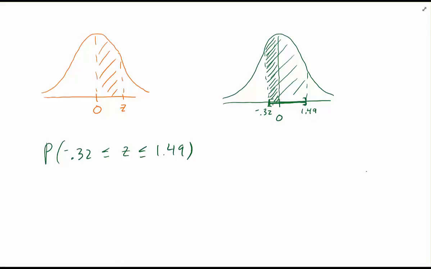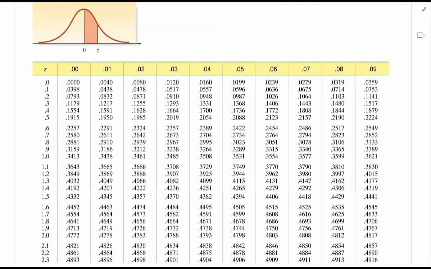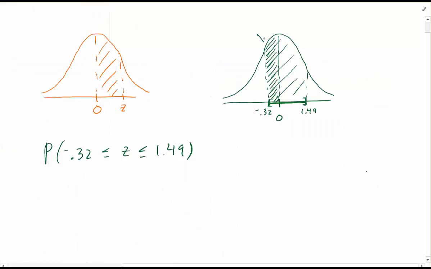So if I go and look up 0.32 in the table, so I have 0.3 plus 0.02, so 0.32 would be 0.1255. So this area here would be 0.1255.